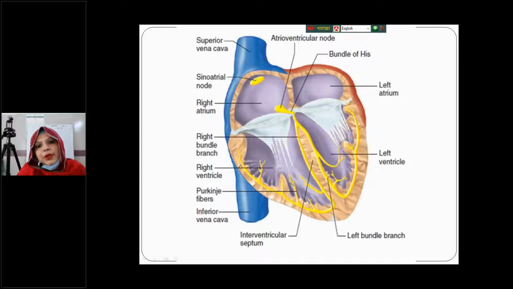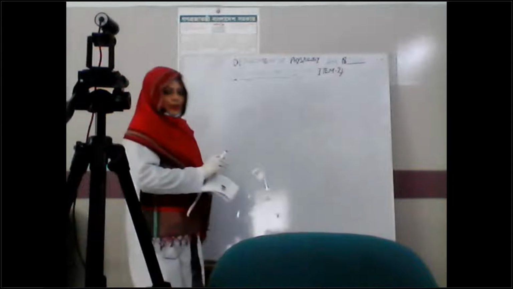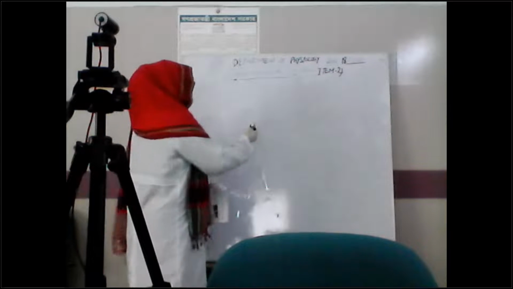First, I want to recapitulate something from anatomy and I want to draw a figure.